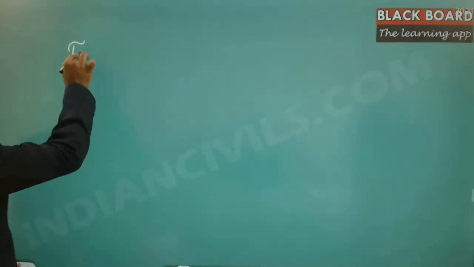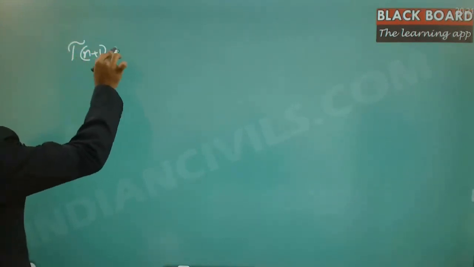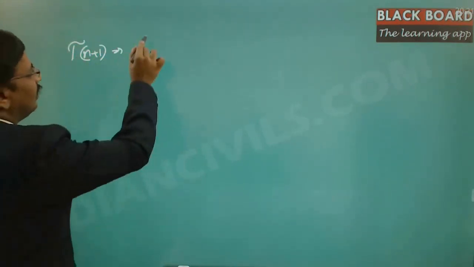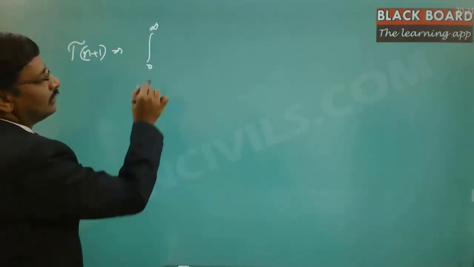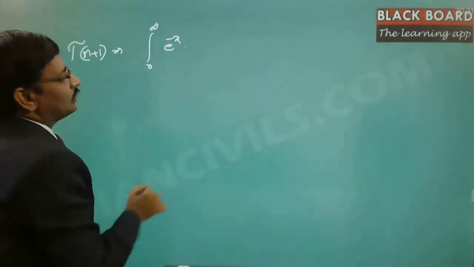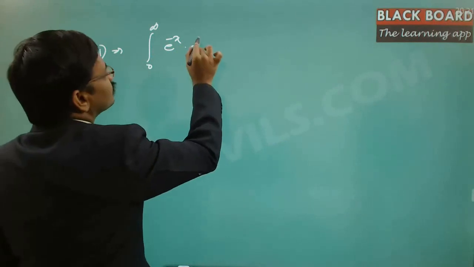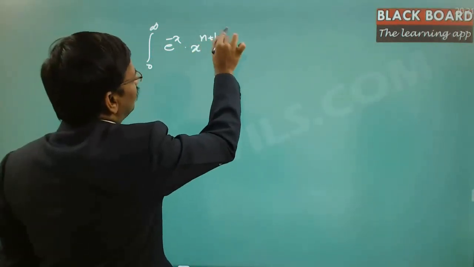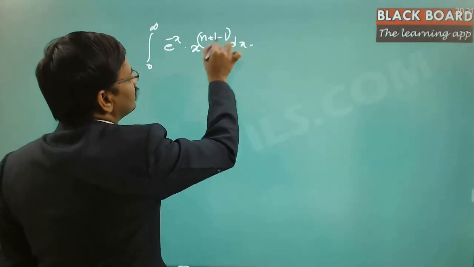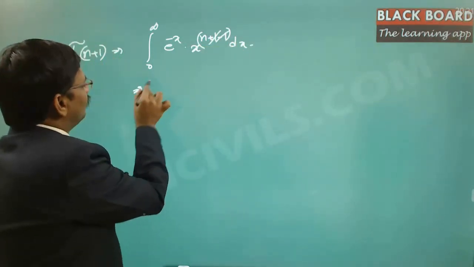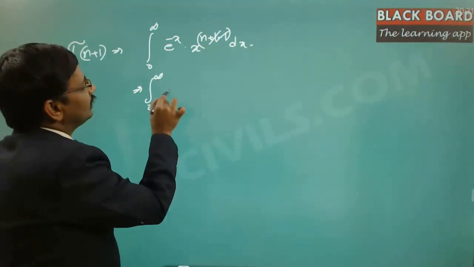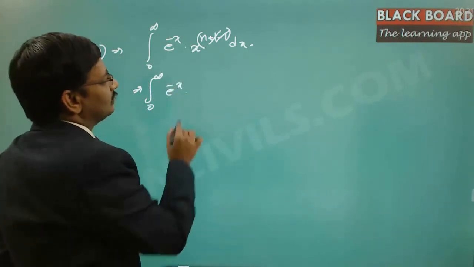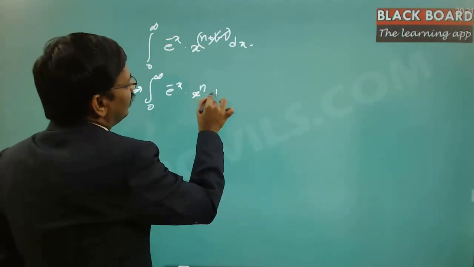Gamma of n plus 1 is nothing but the integral from 0 to infinity of e power minus x into x power n plus 1 minus 1 dx. Now this 1 will cancel out, and we are left with the integral from 0 to infinity of e power minus x into x power n dx.